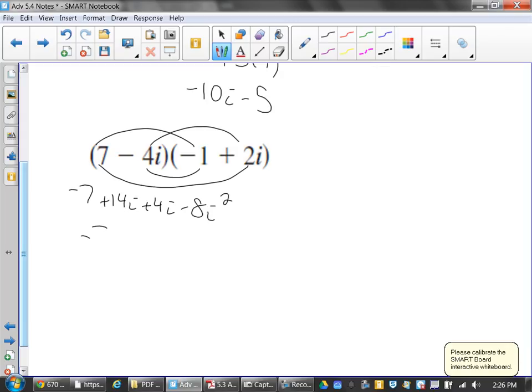So we have negative 7 plus 18i minus 8 times negative 1. Granted, at this point I'm taking a little bit longer to go through the first few of these, just to kind of oversimplify the process here. What's negative 8 times negative 1? 8. What's 8 plus negative 7? 1. So you wind up with 1 plus 18i.